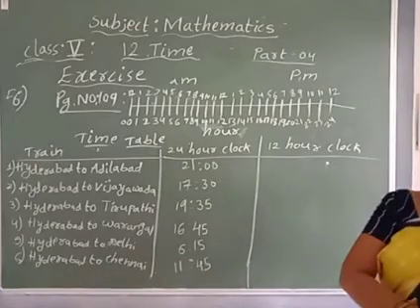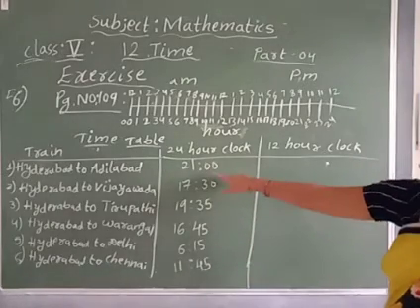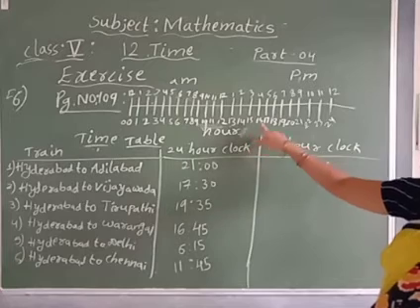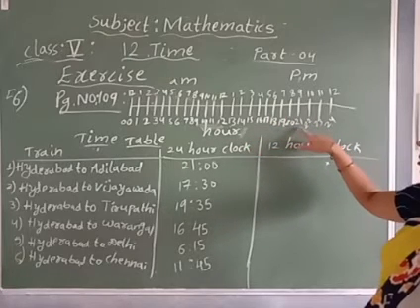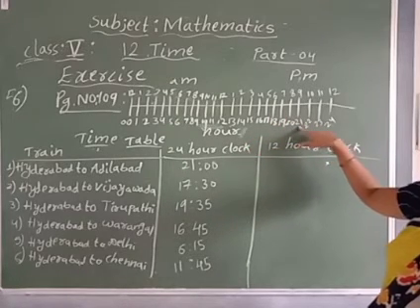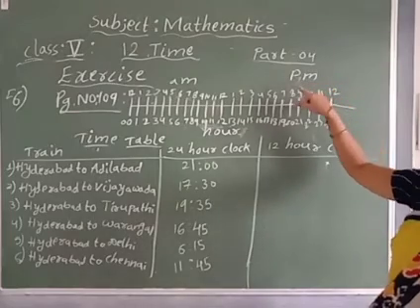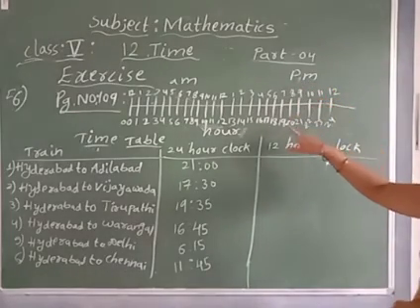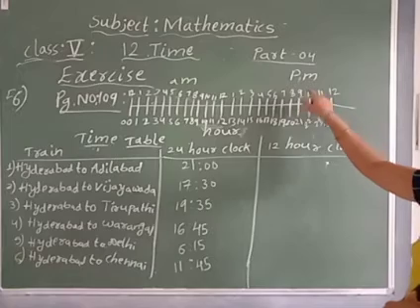See here, the 21 hours clock to the 24-hour clock, 21. In the 12-hour clock, 21 means 9.